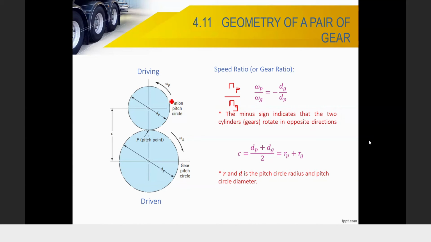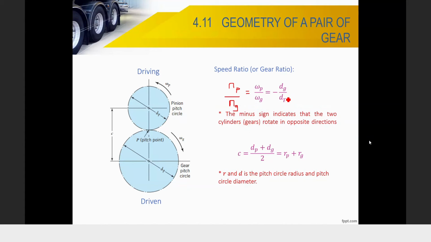Okay, the small is pinion, the bigger one is gear, equal to terbalik, diameter gear over diameter pinion. Equal to, but we call it negative because of the inverse. Minus sign indicates that the two gears rotate in opposite direction. Minus ni masuk dia relation, opposite direction. Tapi dia punya ratio tu diameter dia terbalik. NP over NG is the DG over DP.